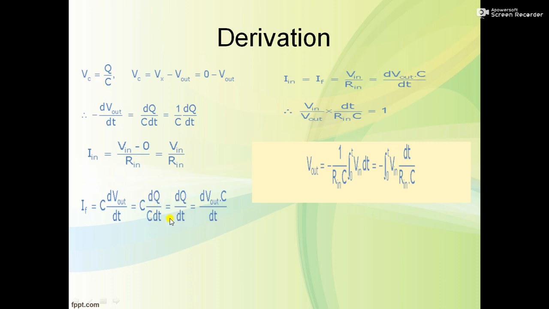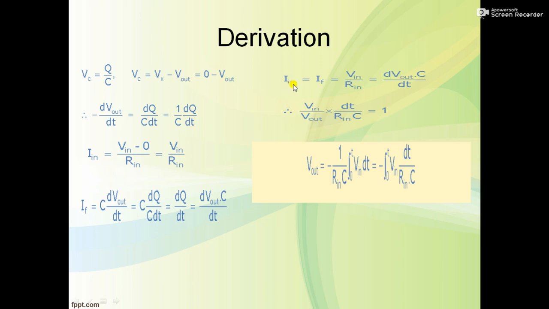Then finally C gets cancelled, leaving dq by dt. Then q is nothing but Vout into C with respect to this equation. So finally If is equal to d(Vout into C) by dt.